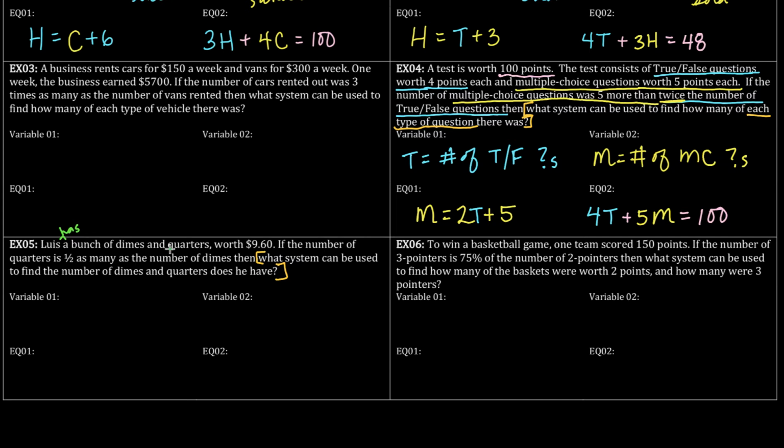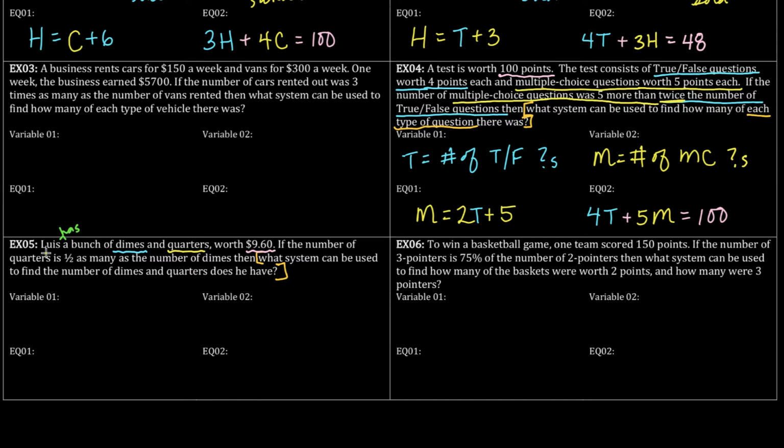So dimes, and then we talk about quarters. And quarters worth a total of, I want to make that blue. Dimes, and then quarters. Then we have a total of $9.60.